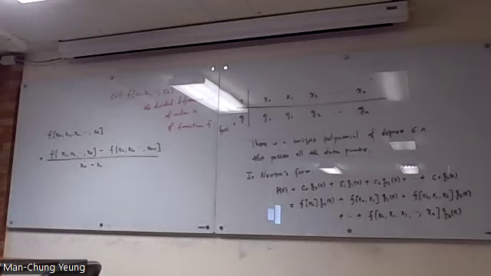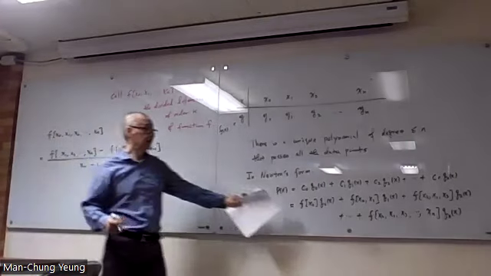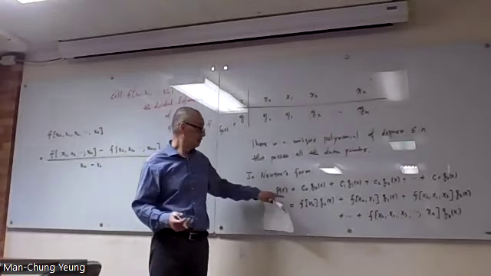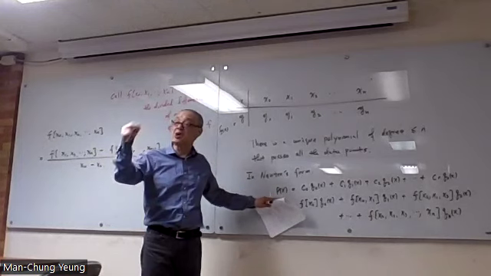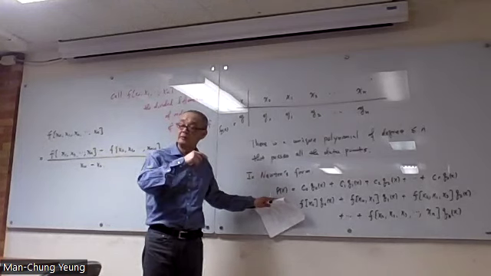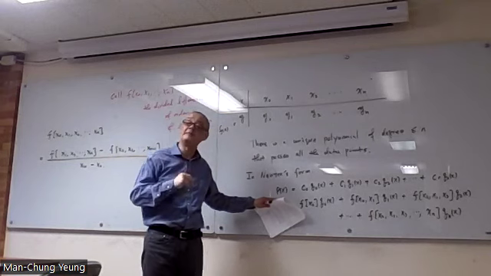How to prove this formula? Some people consider this formula as a definition. So there are two definitions. One is that the divided difference is the coefficient of the interpolation polynomial in Newton form.